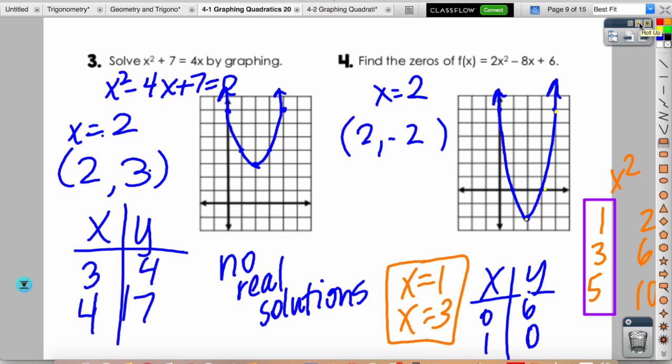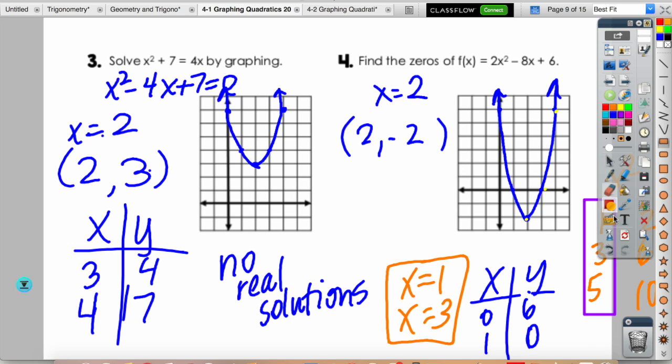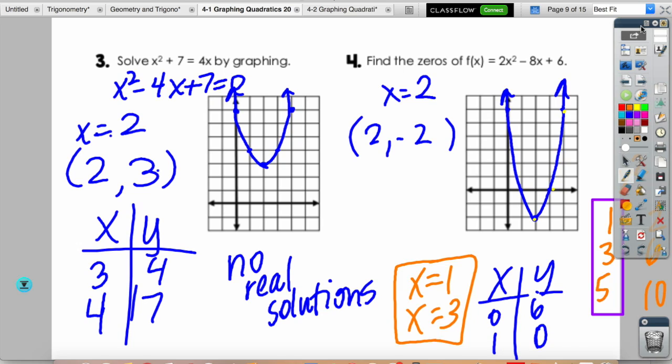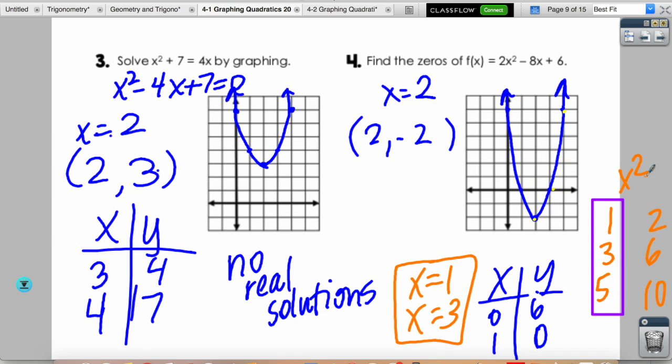It's 0. Wasn't that where that yellow point was? Plug in 4. Four squared is 16 times 2 is 32 minus 32 plus 6. Isn't that where that point is? So it works. That pattern works.